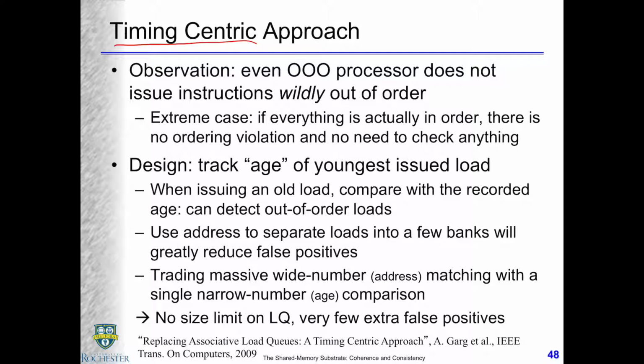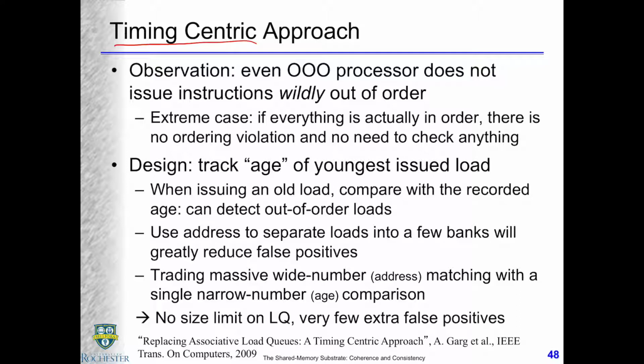Suppose, what if you run the program and the execution sequence happens to be program order? Okay, think about that extreme case. In that extreme case, you can say, I don't need to test anything. There is not going to be any order violation. Okay. It's impossible to violate write serialization if I executed all my memory instructions in program order.